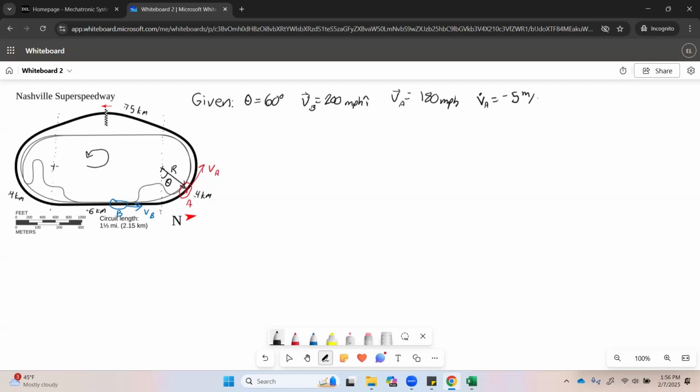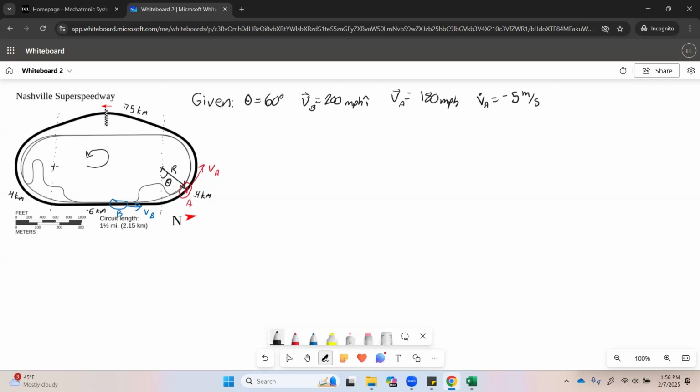-5 meters per second squared. And we need to convert these miles per hour. These are normal car speeds for a NASCAR race, but we need to convert these to meters per second so that we can work this problem all in metric units and make it easier.